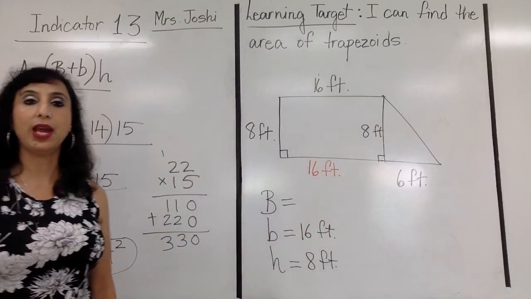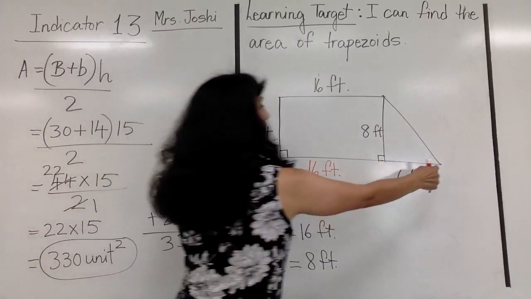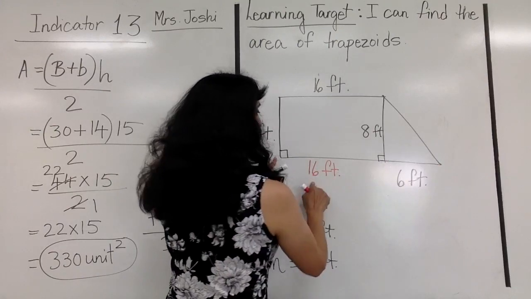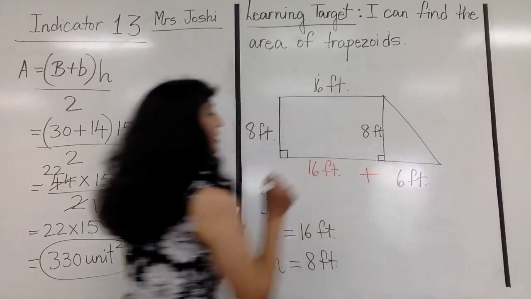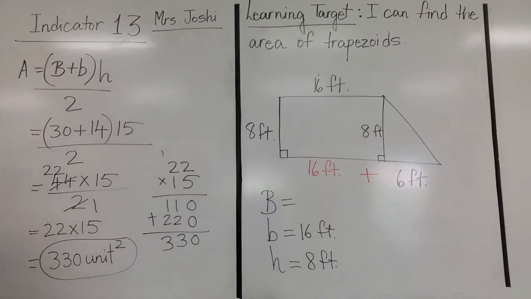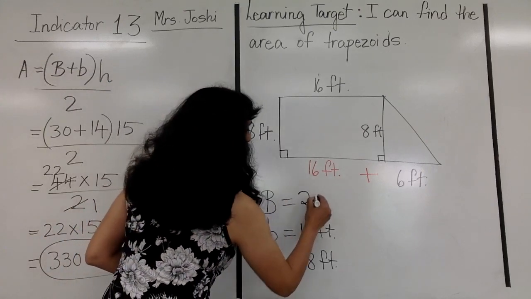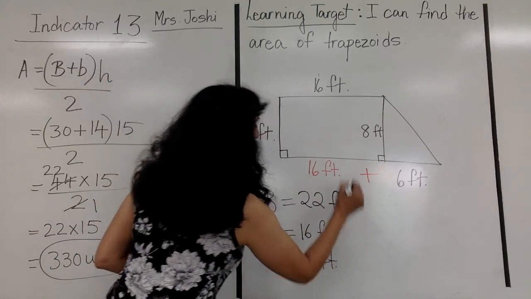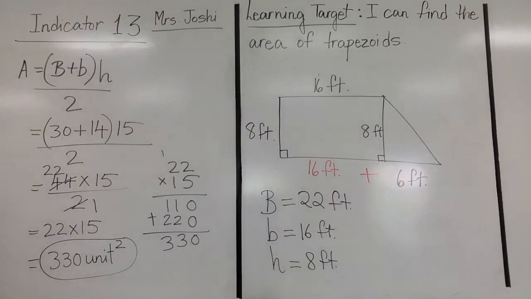Now this whole big base would be 16 plus the 6. So 16 plus 6 gives me 22 feet. Okay, so now I have my measurements.